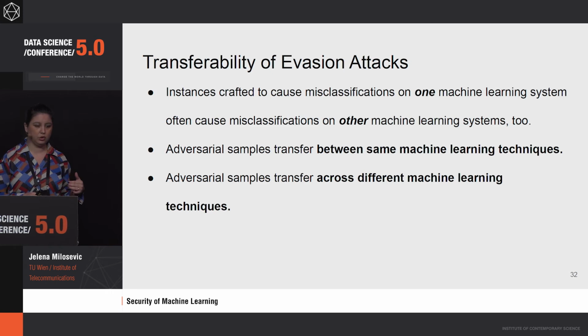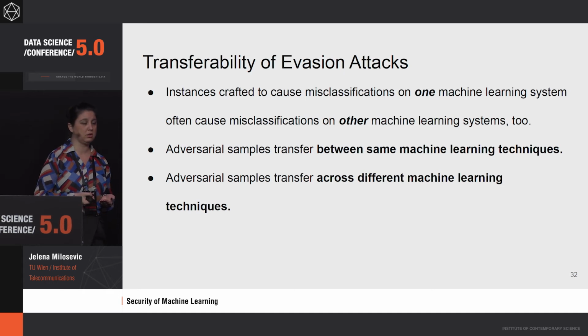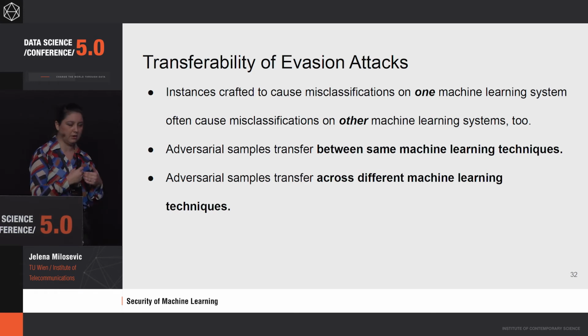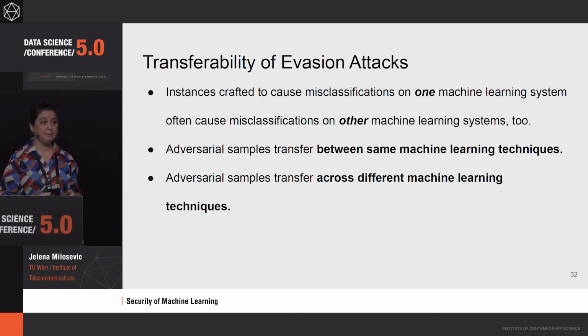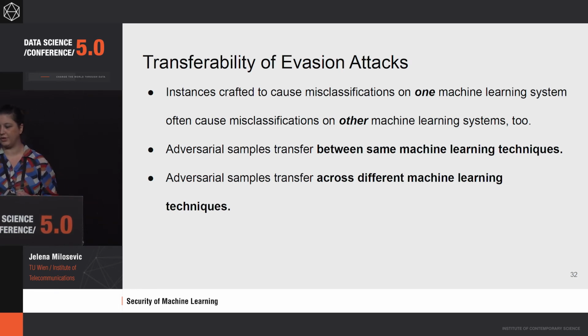And here what is important to say is that this applies between the same machine learning techniques. So if I'm attacking your neural network-based system and I craft adversarial instances on a neural network, it works. But it also works among other machine learning systems. So if I'm attacking your neural network-based system with my logistic regression-based system, the attacks still transfer. It is possible that they transfer.